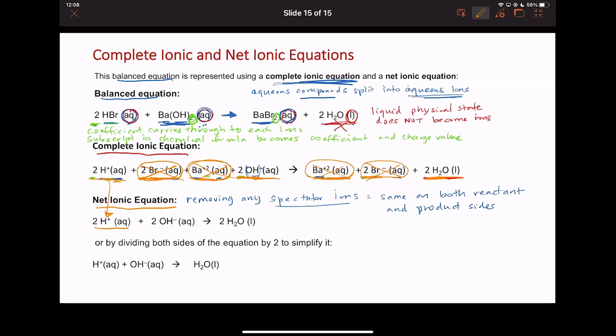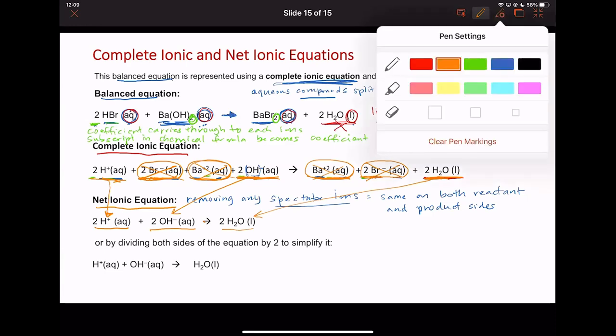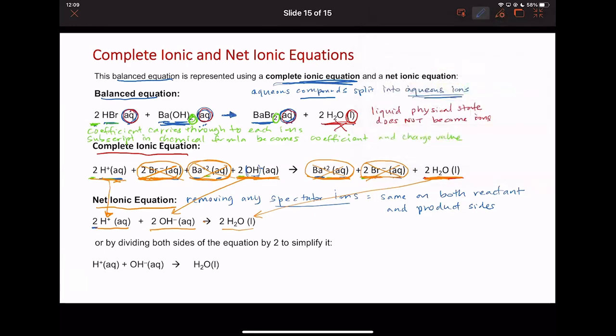Write it in the net ionic. 2OH minus AQ, that becomes part of the net ionic equation. Then you have the reaction arrow, and then this 2H2O liquid gets carried down as part of the net ionic equation. Now, because you can divide both sides by the same common denominator, the 2 coefficient can all become 1s. This would be the simplified net ionic equation.